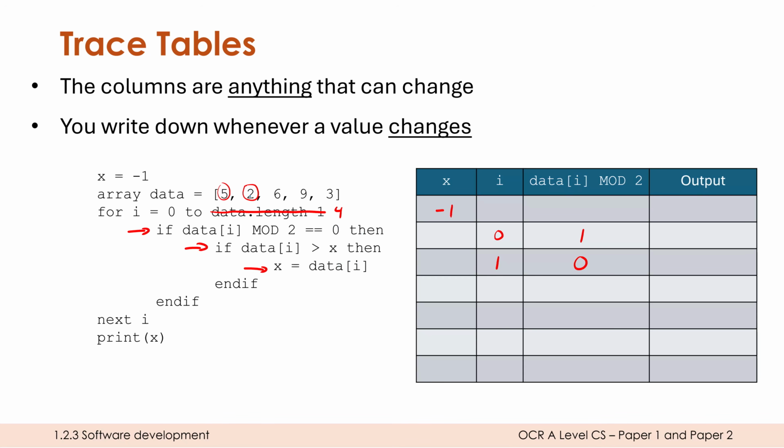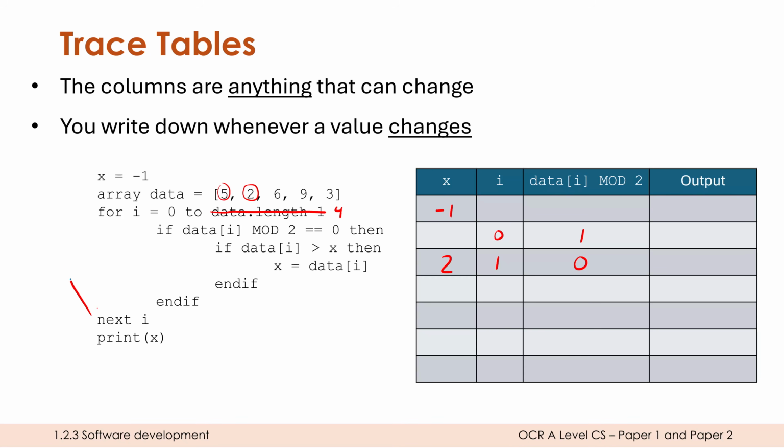Well, 2 is bigger than -1, so therefore we are going to set x to be equal to 2. Again, you could do that below. Again, I'm thinking of this as being one block of code, therefore I'm keeping it on one line, but that's really your call. So that bit of code there is essentially going, if our item at that location is bigger than X, set X to be equal to that item.